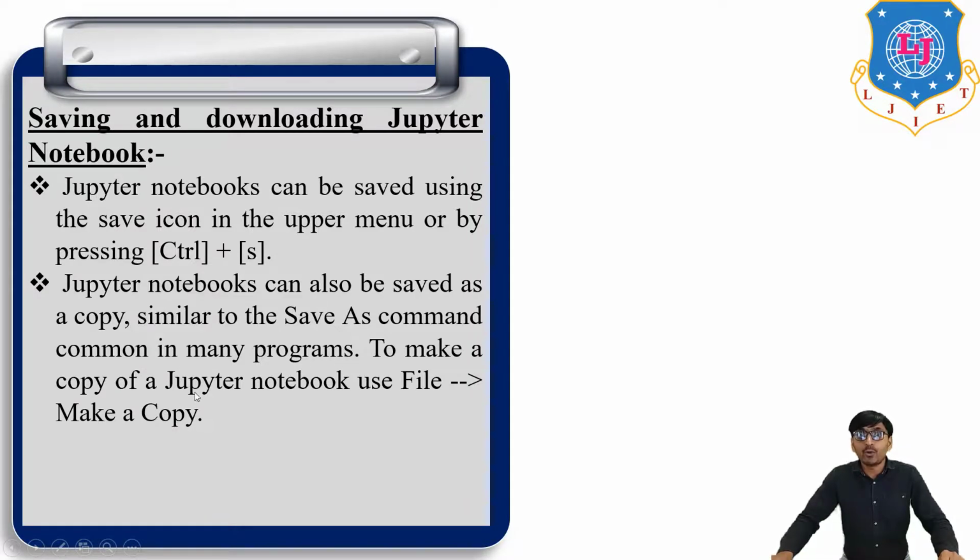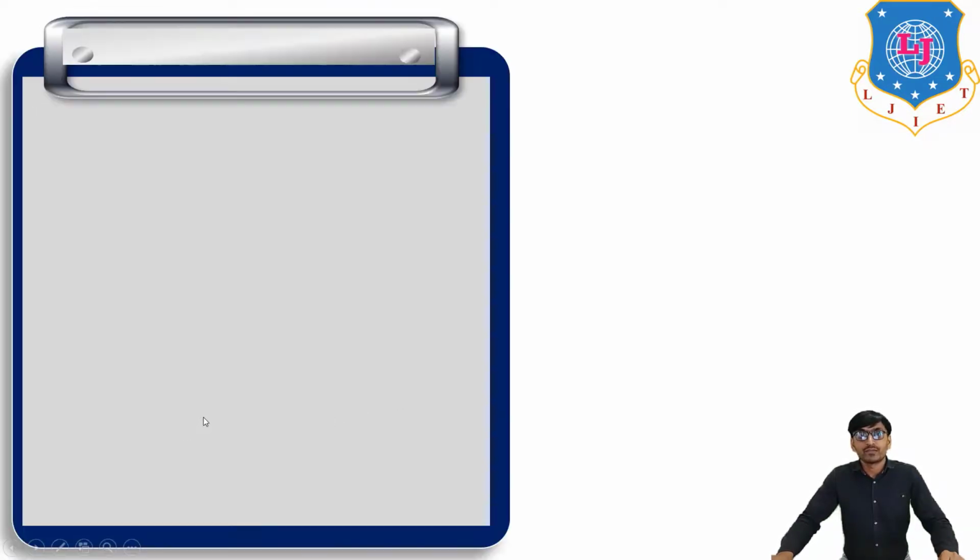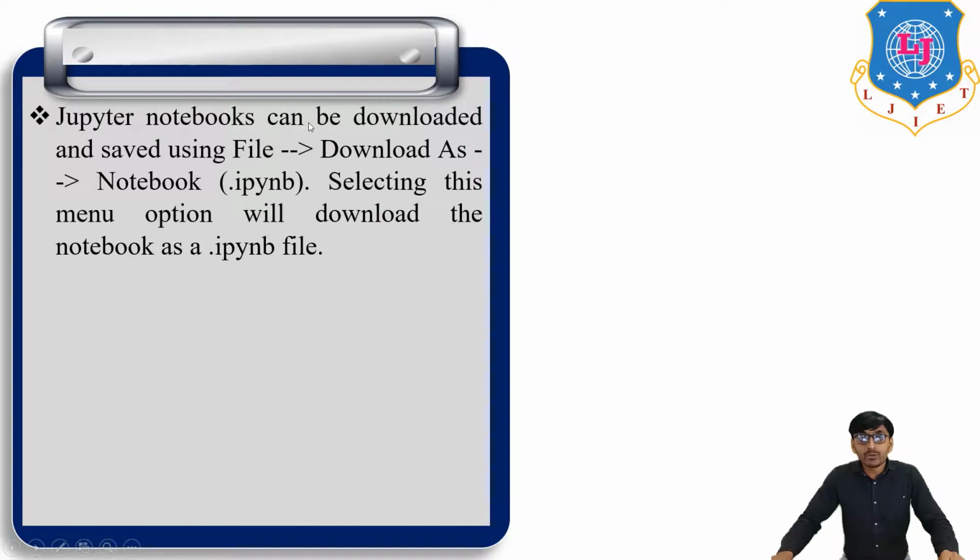To make a copy of Jupyter Notebook, use File and then Make a Copy. Jupyter Notebook can be downloaded and saved using File. In File, there is a Download as option, and from it, download as a notebook.